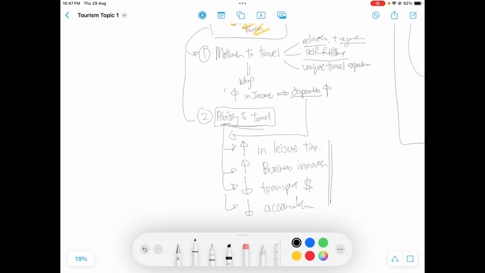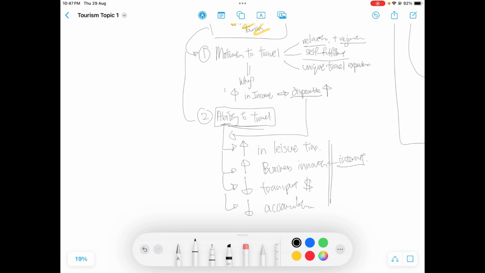Alright, and you can look at all these factors to make sure that you understand all these factors. Like for example, business innovations. Okay, the internet is one of the business innovations that happened in the 2000s, right?